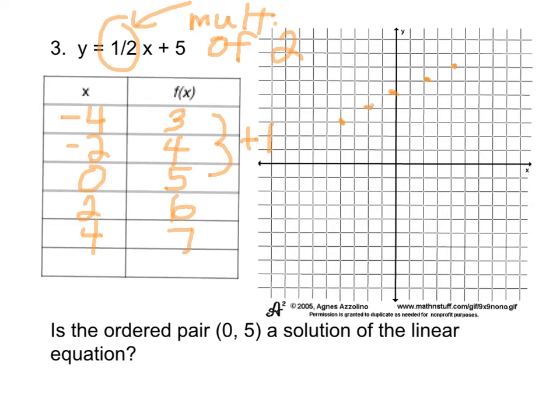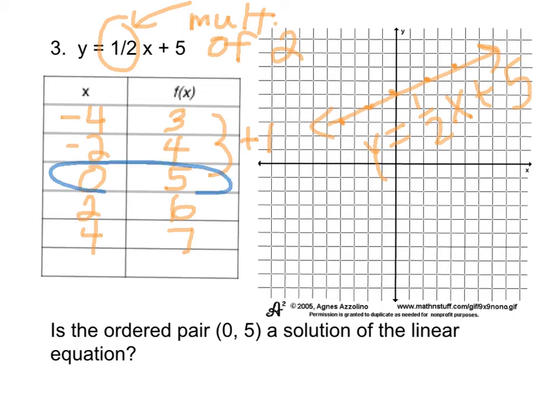And so I connect my dots with my straight edge, putting arrows, and then writing the equation y equals 1/2 x plus 5. And down at the bottom it asks me, is the ordered pair 0, 5 a solution of the linear equation? And it very well is.